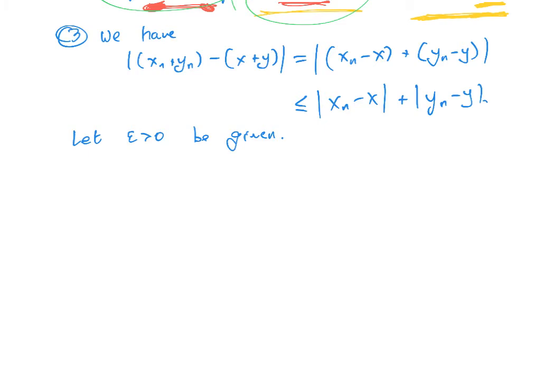It's important to remember that in the definition of a limit, epsilon is just a variable. So now I get to use the definition of a limit because I know xn converges to x. Instead of insisting that xn be within epsilon of x, I can insist that it be within epsilon over 2 of x, because the definition of limit said for any epsilon.